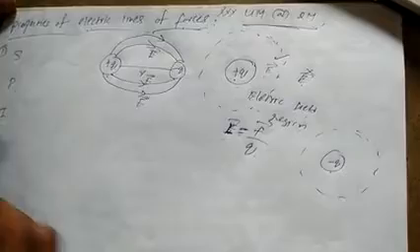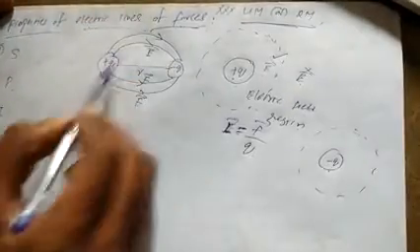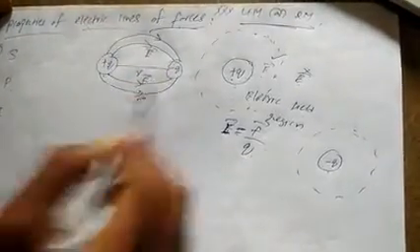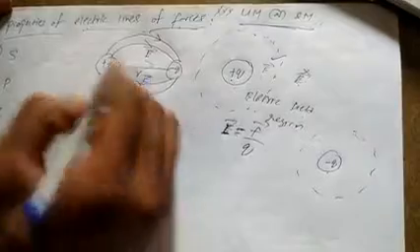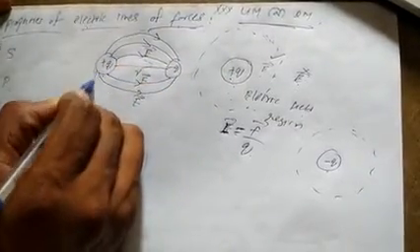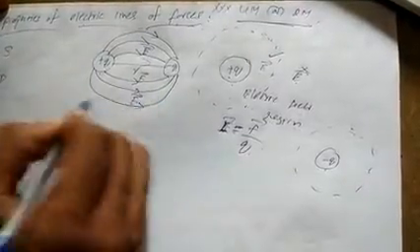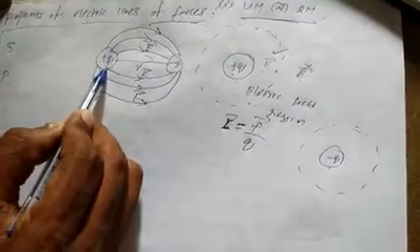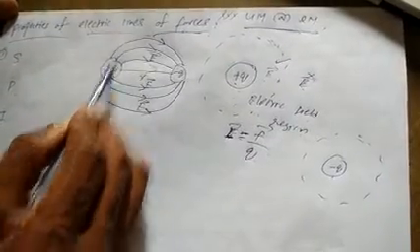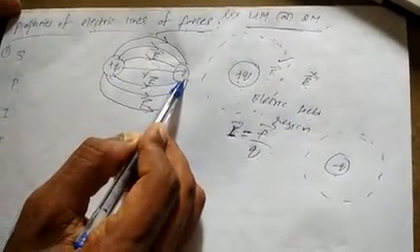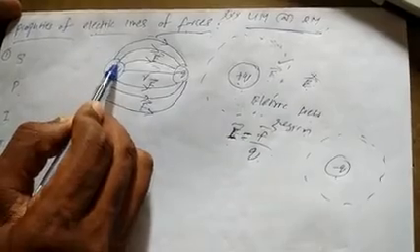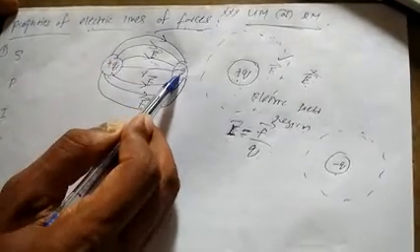Now, these are electric lines of forces. See here how the electric lines of forces are starting and where they are going. They start from the positive charge and end at the negative charge.